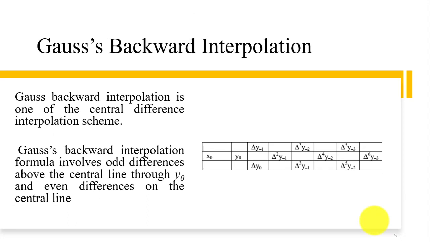Gauss's backward interpolation formula involves odd differences above the central line through y0 and even differences on the central line, and these are the odd differences above the central line, and these are the even differences on the central line.